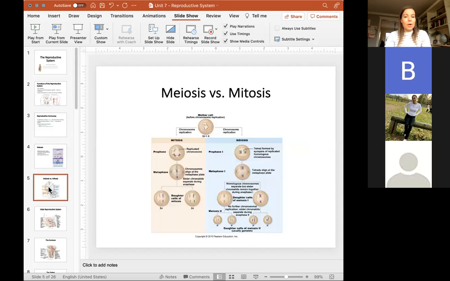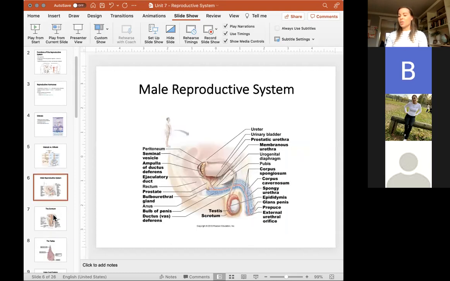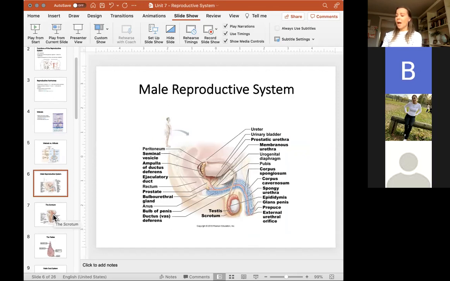All right, so that takes care of that section. I am not going to spend time going over male or female reproductive anatomy because it's very simple, straightforward. It's just definitions, and I put all of these definitions in your study outline already. So really no need to waste the time talking about that.